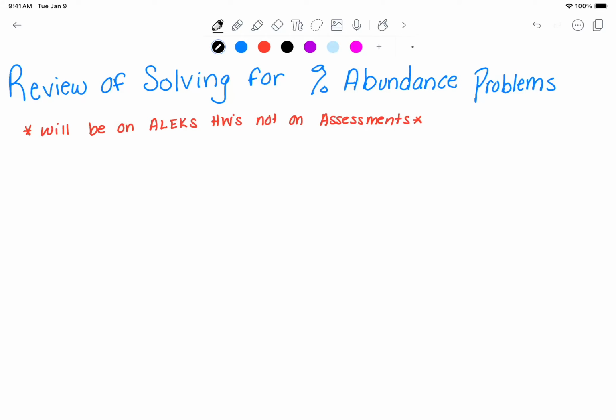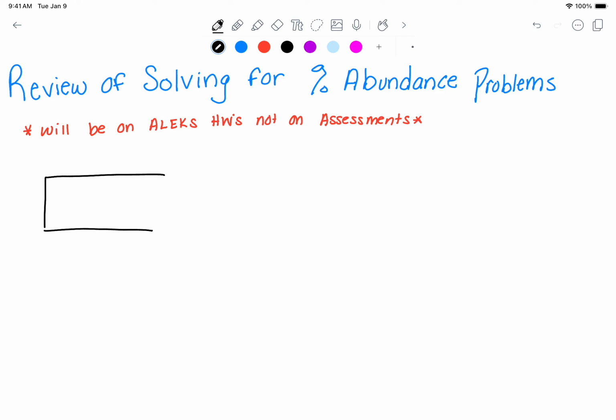Okay, so something we discussed in lecture on Friday the 19th of January was solving for isotope problems where they ask you to find the percent abundances rather than an additional mass or the identity of an unknown element. Now, when we're solving for percent abundance problems, we're usually given a table.